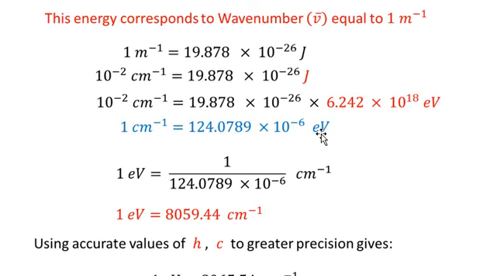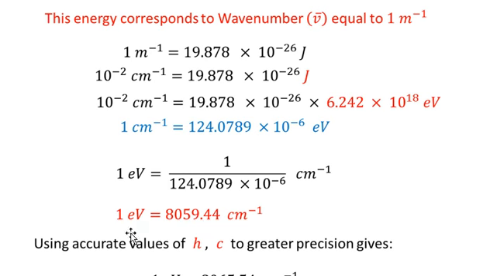You can take the reciprocal of this relationship, that is, you can solve it for the value of 1 electron volt, and this is what we have done in the next step. So 1 electron volt is equal to 1 over 124.0789 into 10 to the power minus 6 in the denominator, and we have centimeter inverse in the numerator. If you carry out this numerical evaluation, you will get 1 electron volt is equal to 8059.44 centimeter inverse.